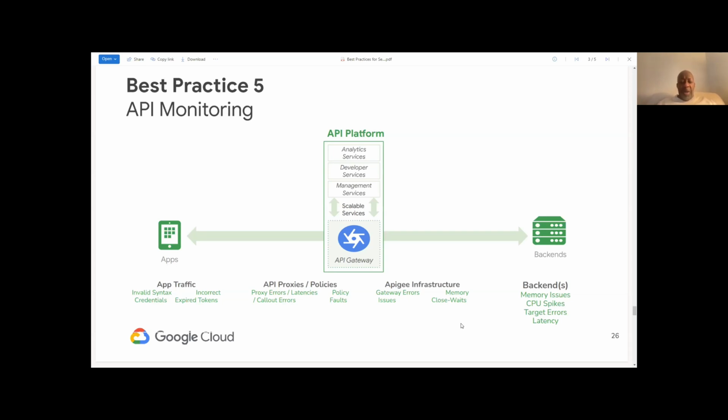When we look at the fifth best practice, it's really about needing an operational team that's there monitoring, regardless of whether you have an API system.